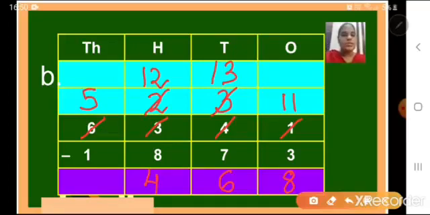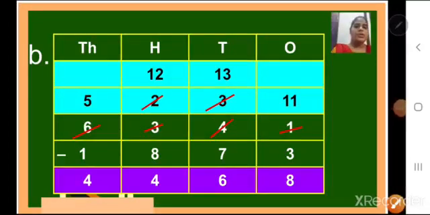Finally, in thousands place, we have 5 minus 1, which is 4. So children, the difference is 4,468. Children, note down the answer for B question. 4,468.